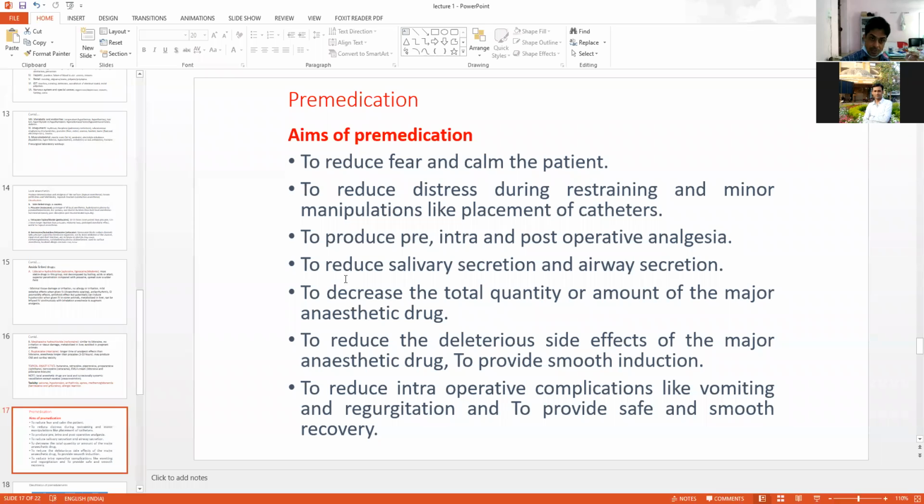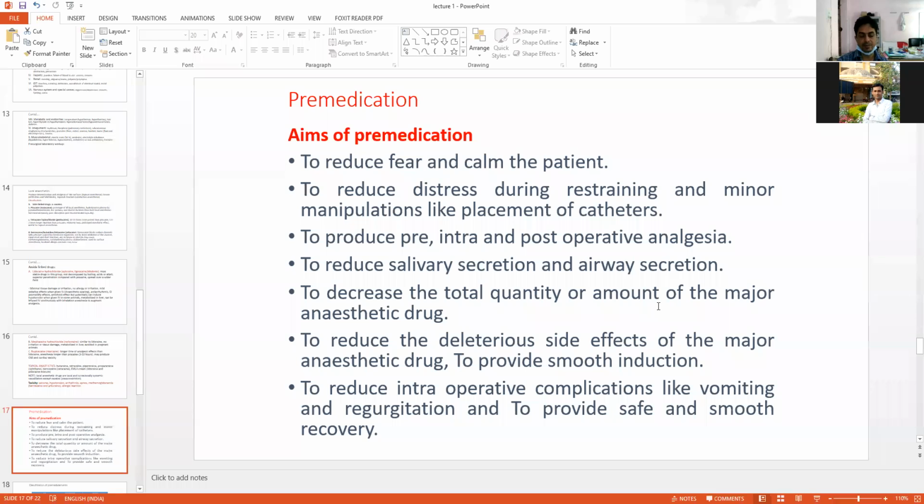And one important thing is also to reduce salivary and airway secretion, so that after administration of the main anesthetic, the secretion is reduced. Sometimes if the laryngeal reflex is abolished and secretion is there, then what will happen? It will enter the trachea and it may produce respiratory distress.